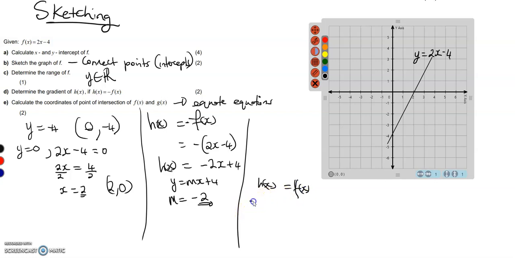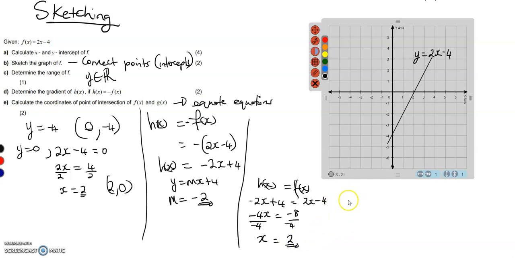In this case, you're going to say negative 2x plus 4 must give you 2x minus 4. Then you take the x's that side, it is going to be negative 4x is equal to negative 8. Then you divide by negative 4. It's going to give you x equal to 2, okay?